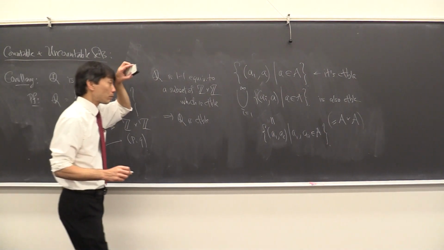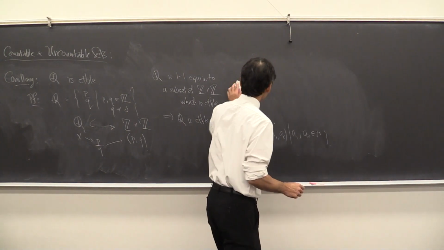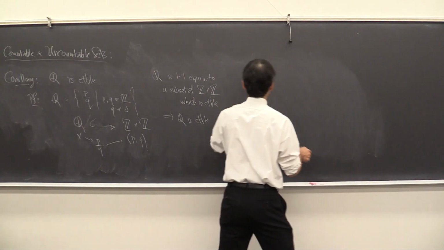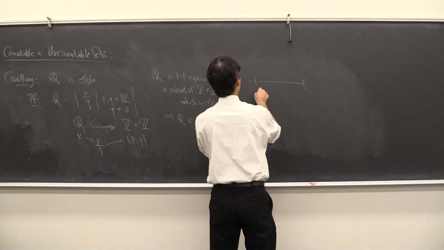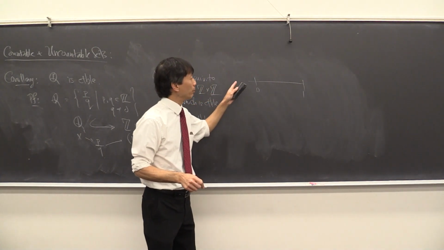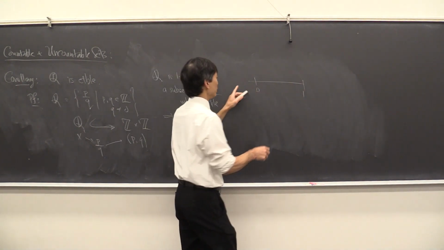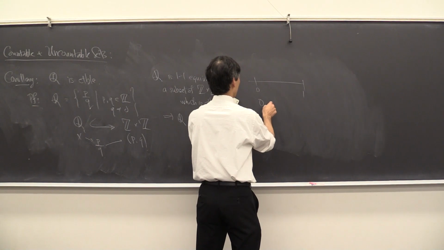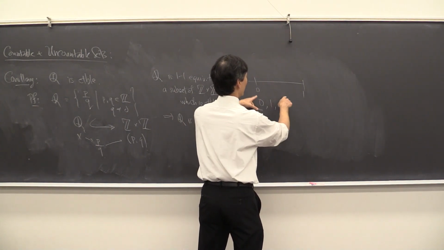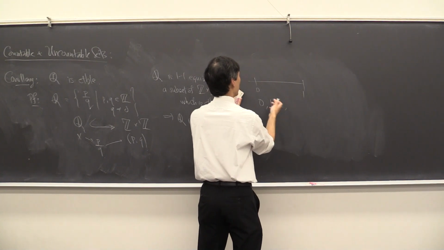Another way you could see that, a more hands-on way, is to consider the interval 0, 1, and make a list of all the rational numbers in here. We look at 0, 1, then things with a denominator of 2. We don't need 0 over 2 or 2 over 2, those are already in there.